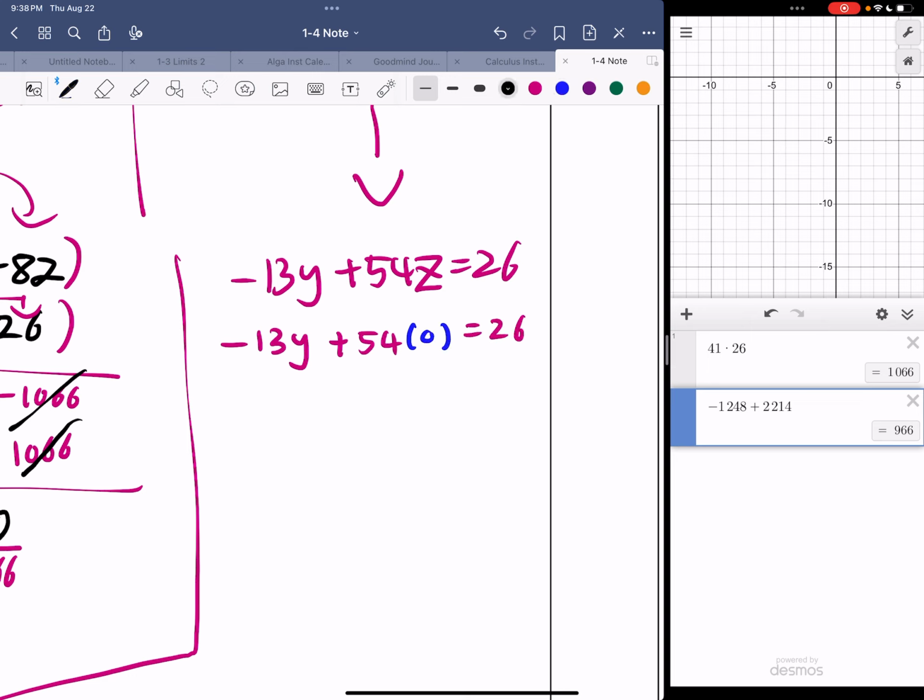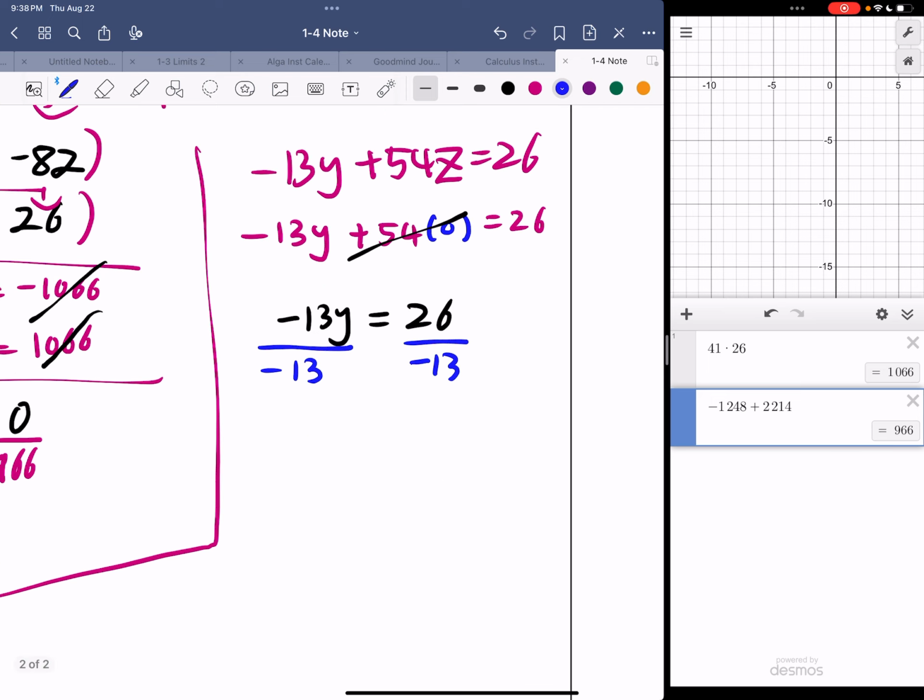And as you know, anything multiplied by 0 is equal to 0, so that one disappears. So I only have negative 13y is equal to 26. And if you just divide by negative 13, just remember when you multiply or divide, it should be exactly the same sign to get rid of it, okay? So 26 divided by negative 13 is negative 2.